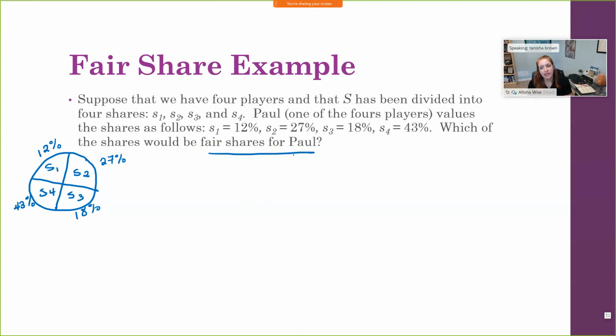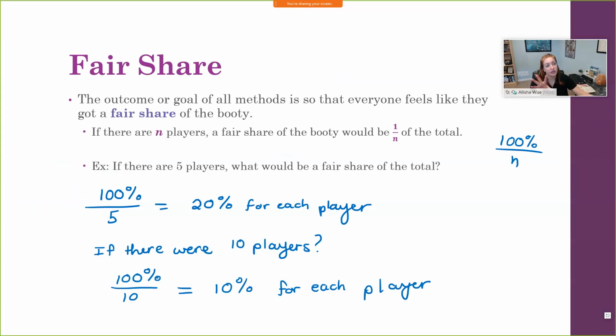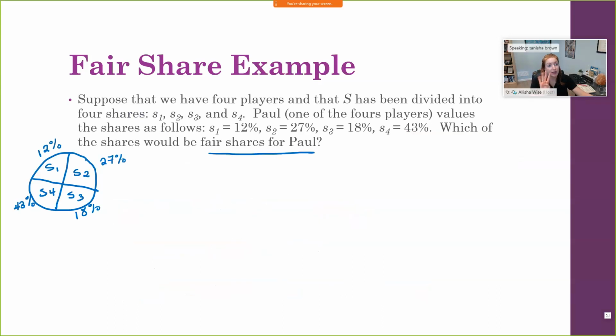So before we can decide what should be fair shares, we have to figure out what is a fair share for 4 players. And remember, we came up with 4 because they told us there are 4 players in total that are playing.